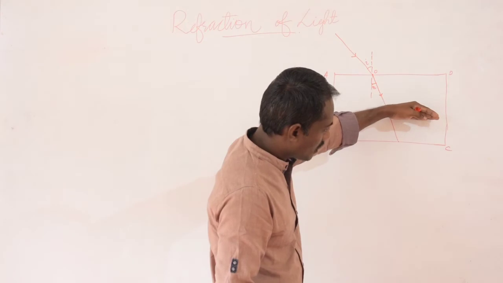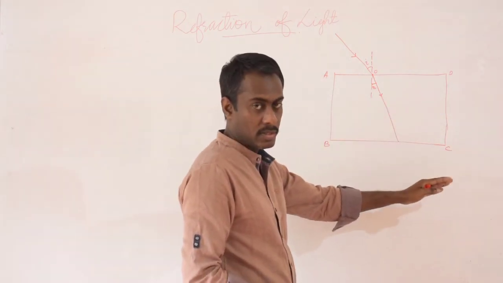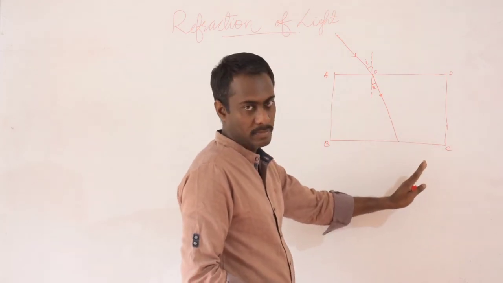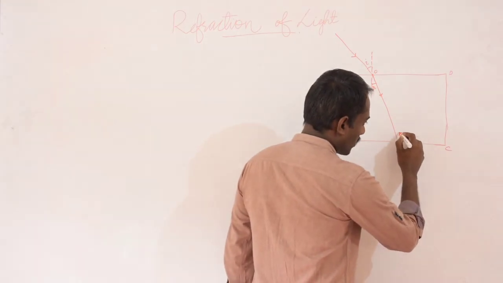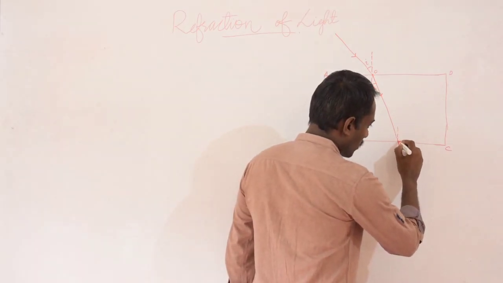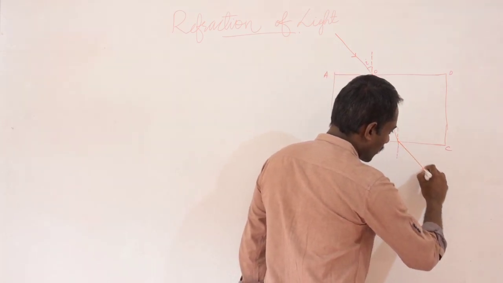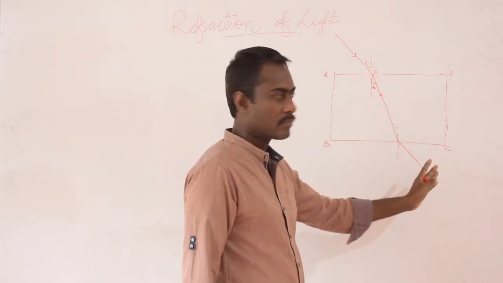Now the light is coming out of the glass, which means it will again change its direction. At this point of incidence, the light will refract again and change its direction.